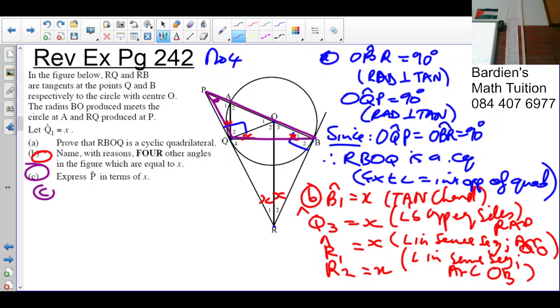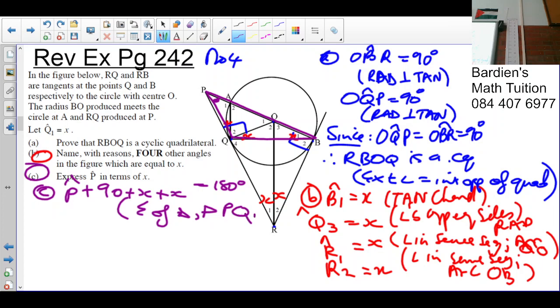So angle P plus 90 degrees plus x plus x equals 180. Reason: sum of angles of a triangle. You don't have to name the triangle. So therefore angle P is equal to 180 minus 90, which is 90 minus 2x.